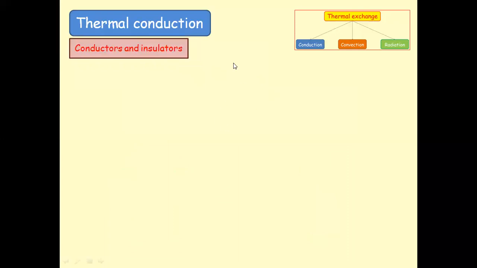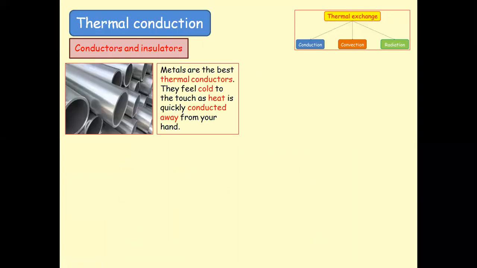Now, we have thermal conductors and we have thermal insulators. We can classify materials into thermal conductors and thermal insulators. All metals are thermal conductors.